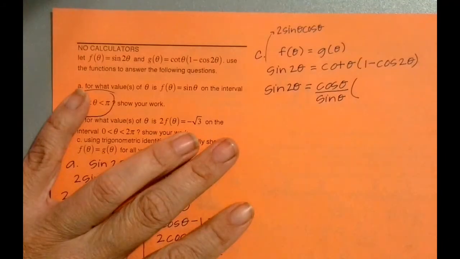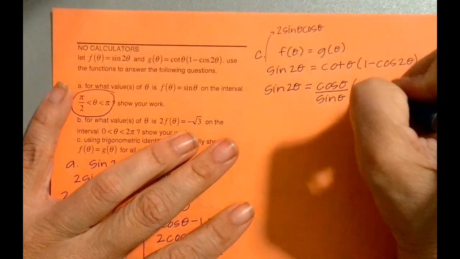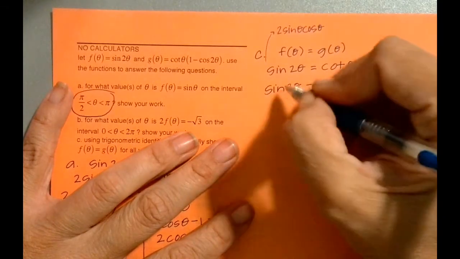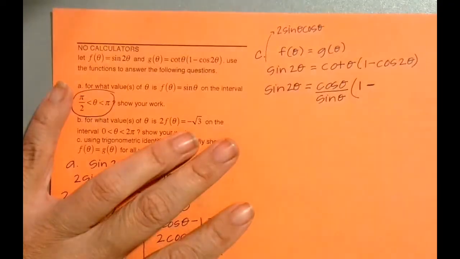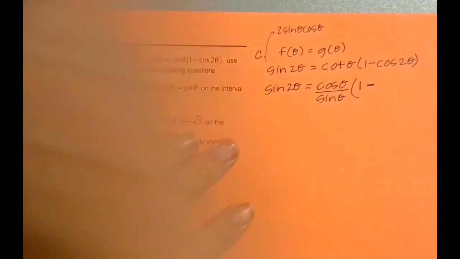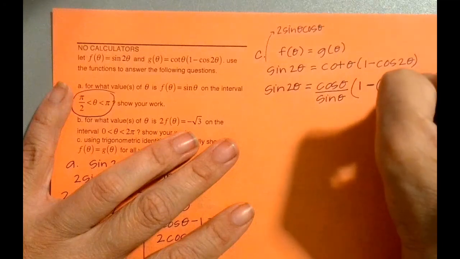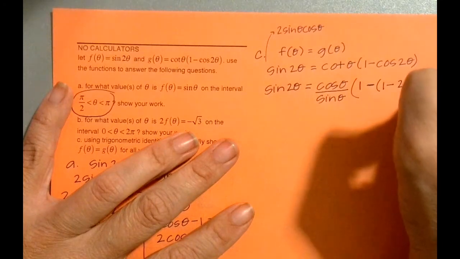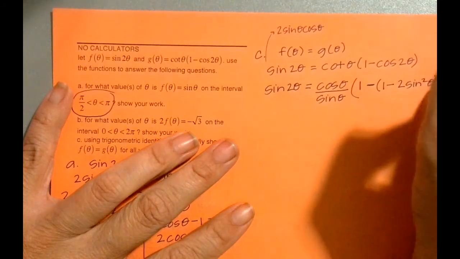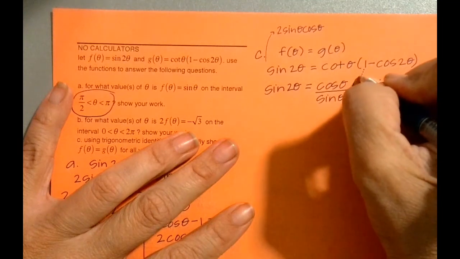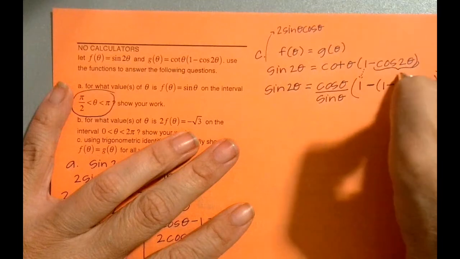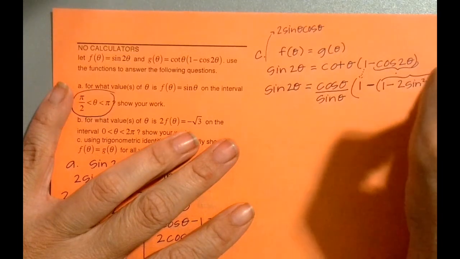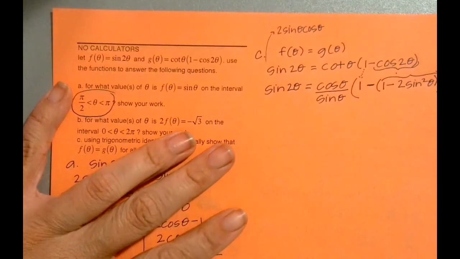And again, the only reason I'm doing that is because I have all sine on the left, so I'm putting things in terms of sine on the right. So this is 1 minus 2 sine squared theta. So this one comes from here, and then this whole thing is this whole thing here from the identity sheet.